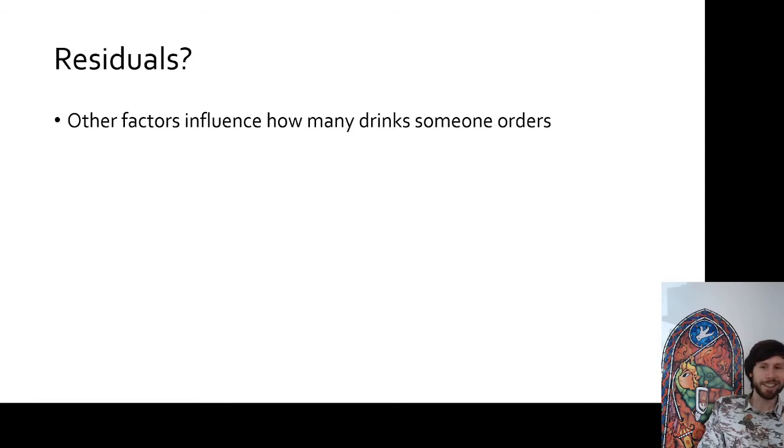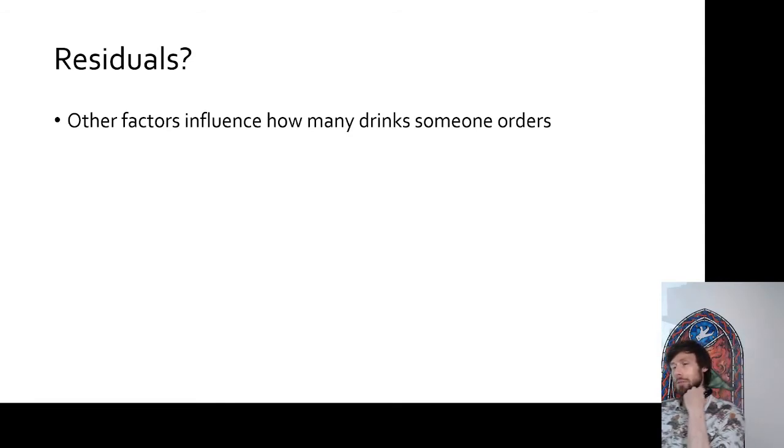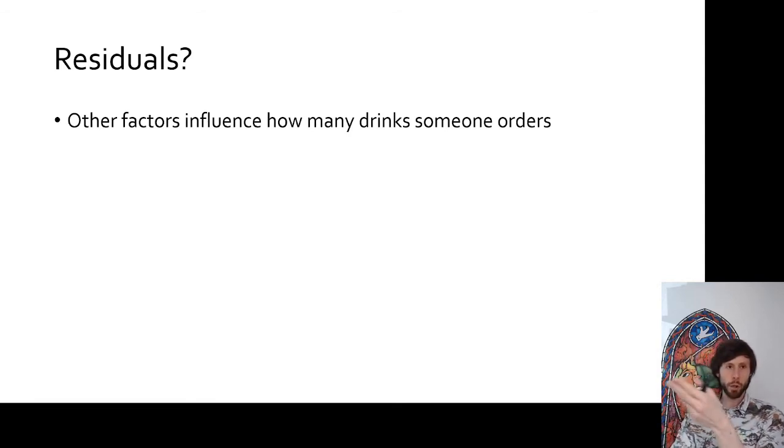As I said, this individual was a greedy student. Maybe they just didn't want to order more drinks, even though their throat was parched as a result of those 6 appetizers. Who knows? That could be one individual characteristic that causes them to behave a bit differently than the general trend in our sample.